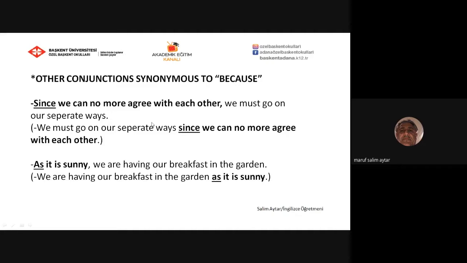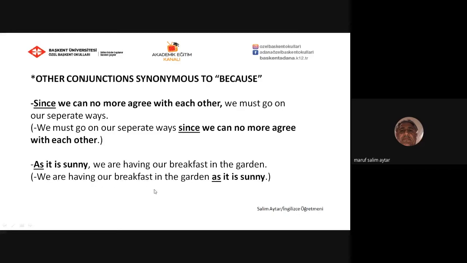When there is such a change, okay, the meaning never changes. As it is sunny, meaning because it is sunny, we're having our breakfast in the garden. So we can start the sentence with the result clause as well.